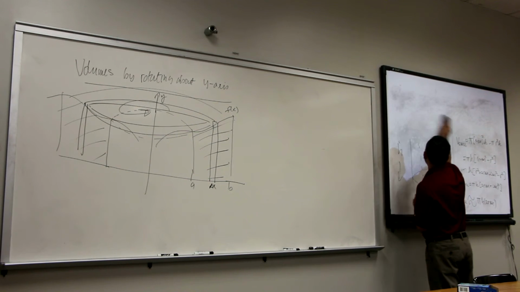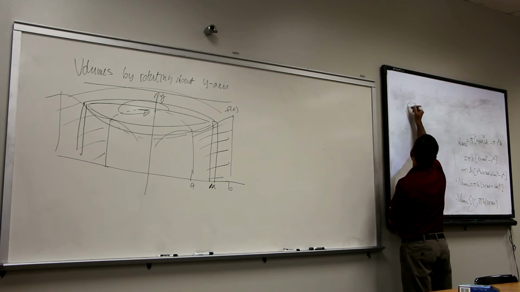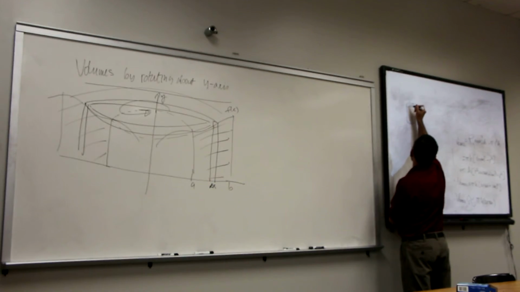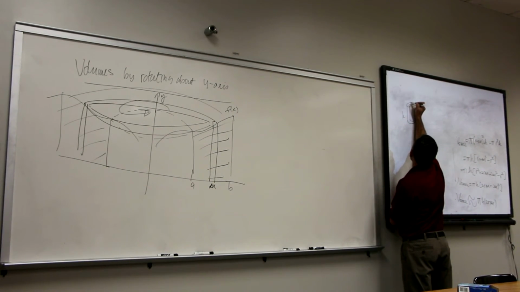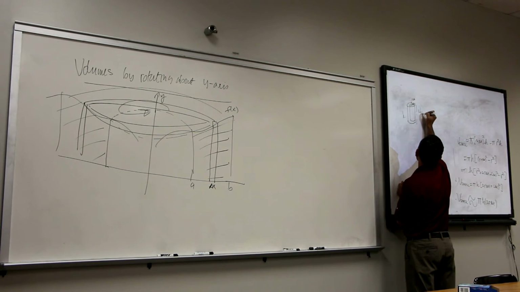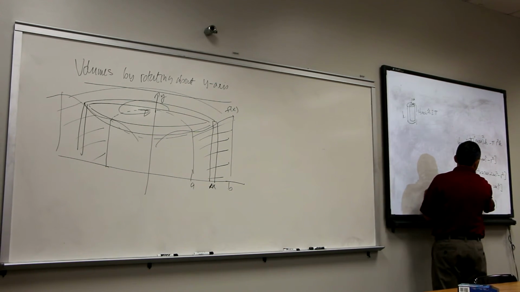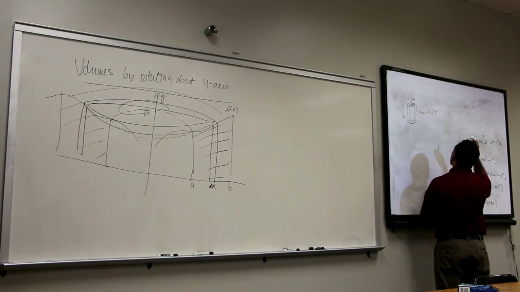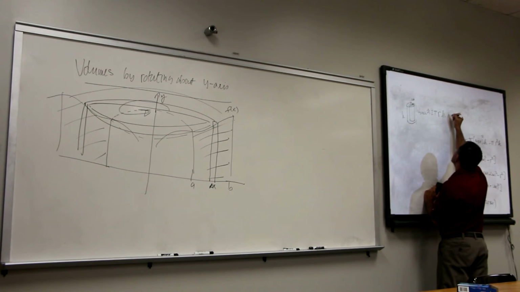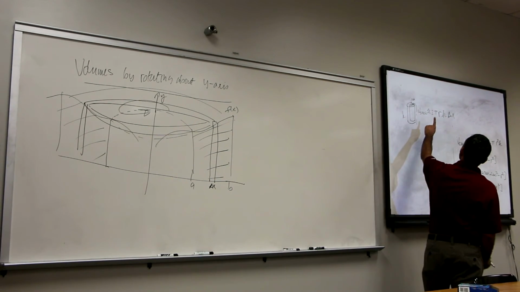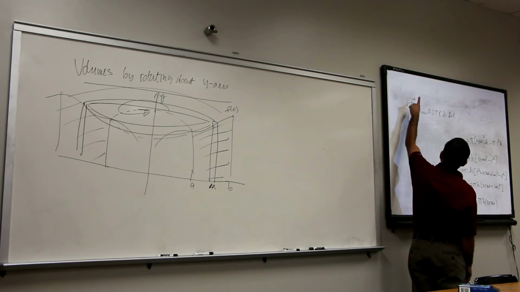The volume of my shell is 2 pi times this r times this h times this delta x.